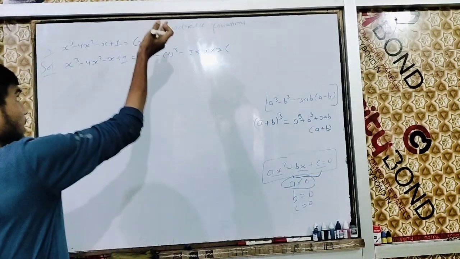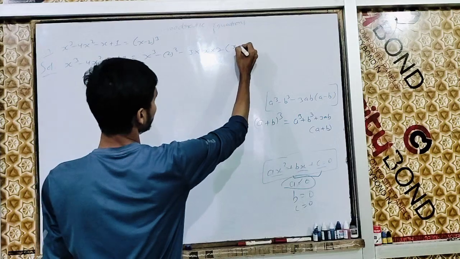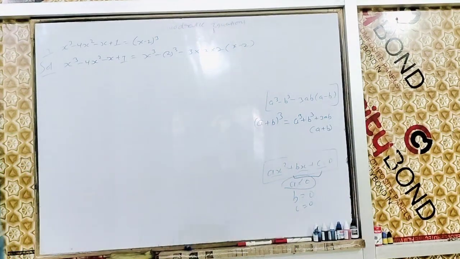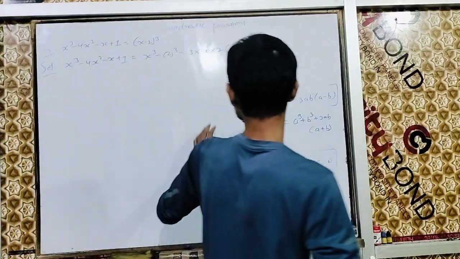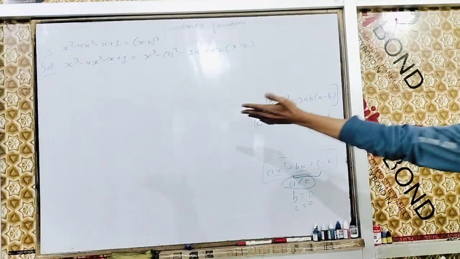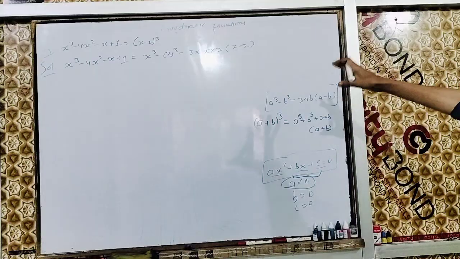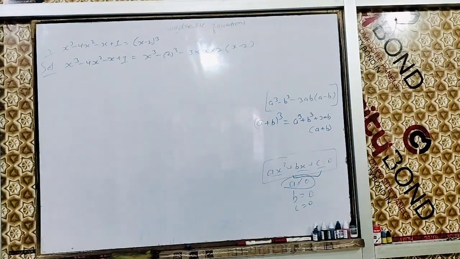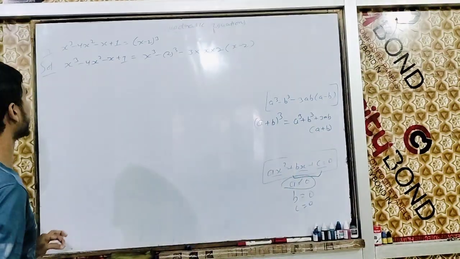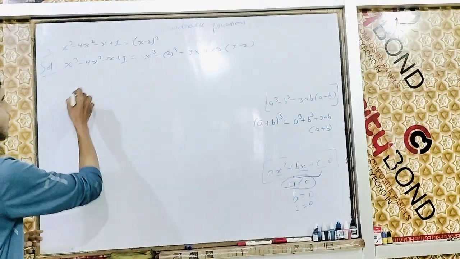Now a minus b, so here x minus 2. Clear? Now, our work here is to simplify this, not to apply algebraic identities, because we have already applied the identities. This step is telling you that you just need to simplify. That's it.